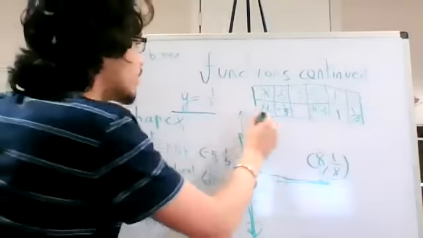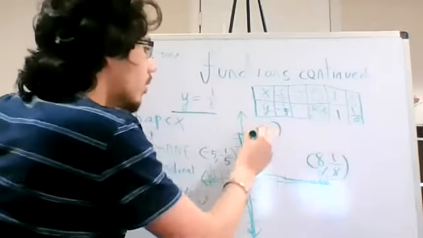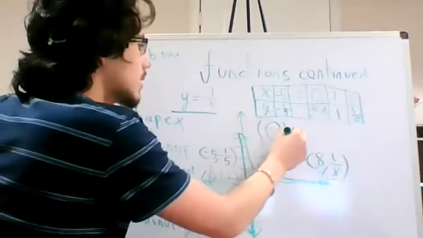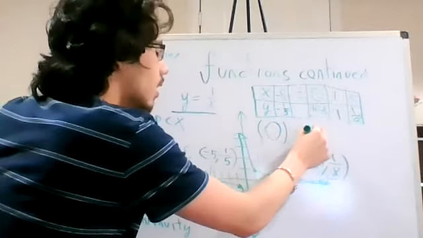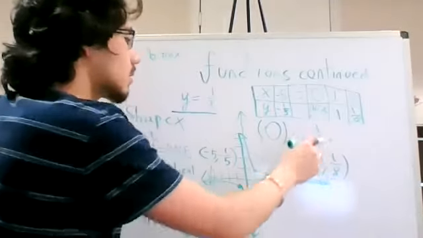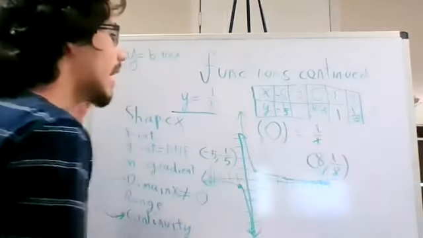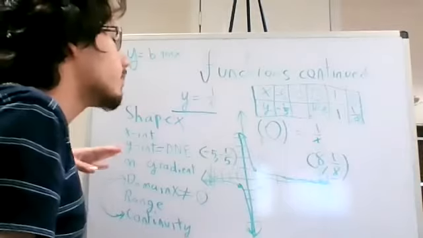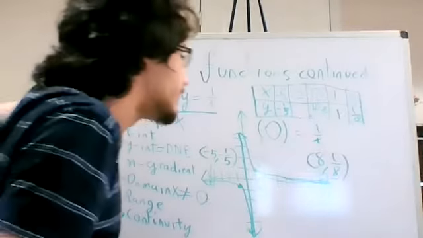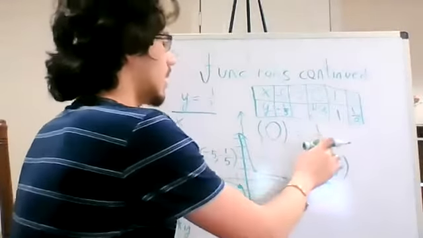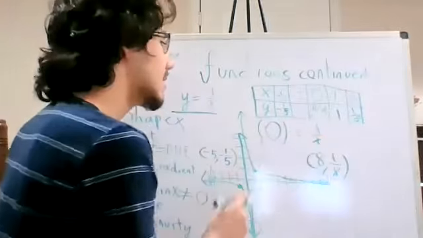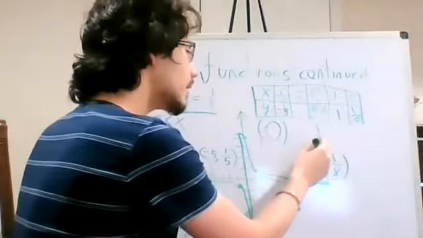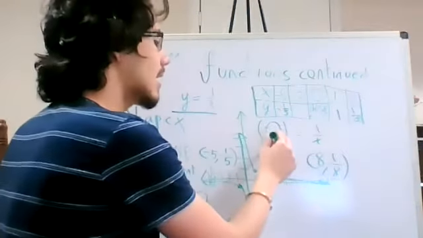So we want to put in 0 where the y was: 0 equals 1 over x. So now we have to solve for x. Now what we can do is that, to try and get x by itself, we can multiply x over to this side.